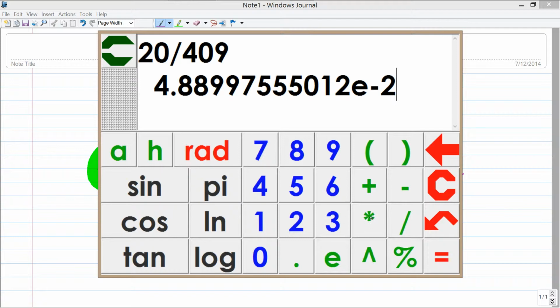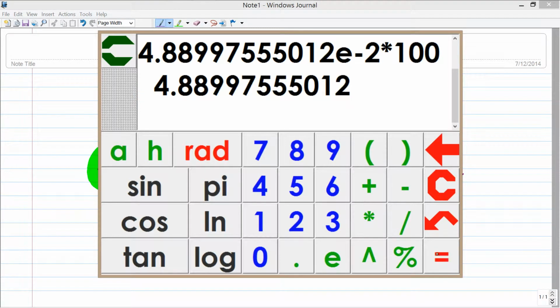Now we've got to multiply this times 100. And that gives us the percentage change, plus 4.88 and a lot more digits percent change. It'll be a rational number, but it's going to be a repeating decimal that's got an awful lot of places in it.